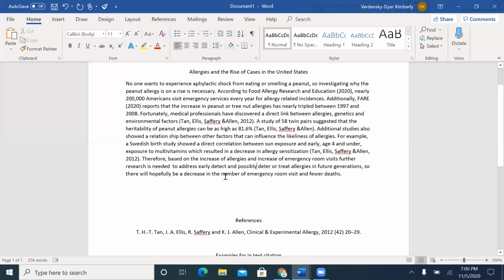So there will hopefully be a decrease in the number of emergency room visits and fewer deaths.